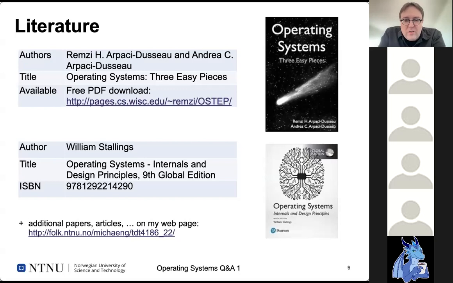And that should be the current edition, the 9th edition. That has become quite expensive. So this is one of the traditional OS textbooks. If you have any of the other textbooks on operating systems already, like Tanenbaum's Modern Operating Systems, for example, they're perfectly fine. And of course, we'll put additional information that might be interesting on this webpage that I mentioned already.